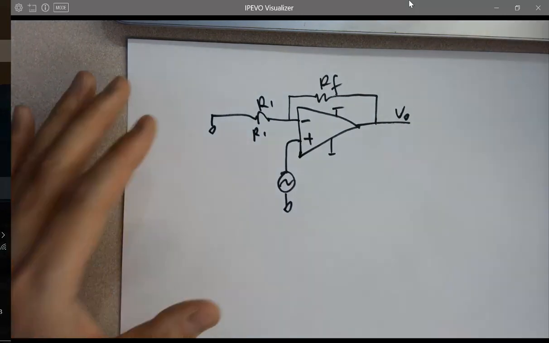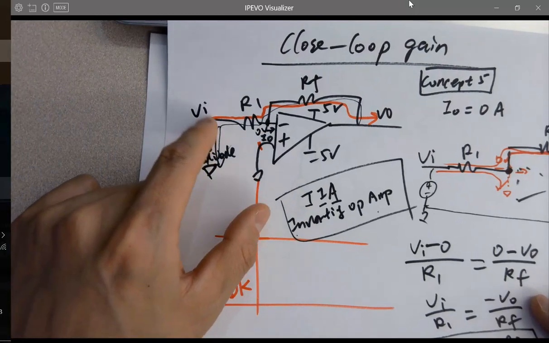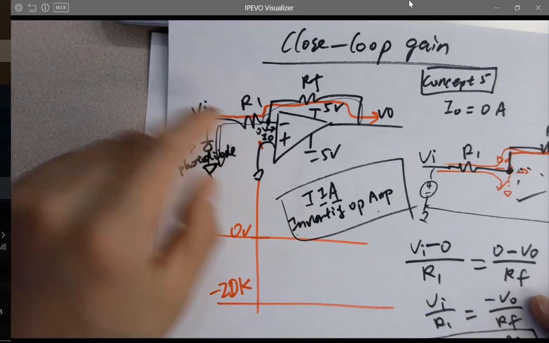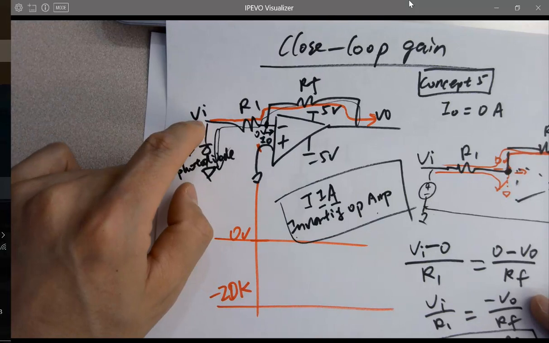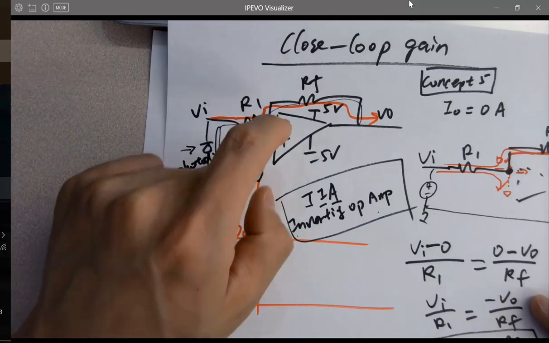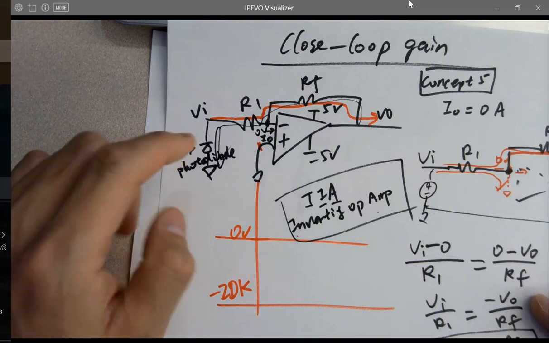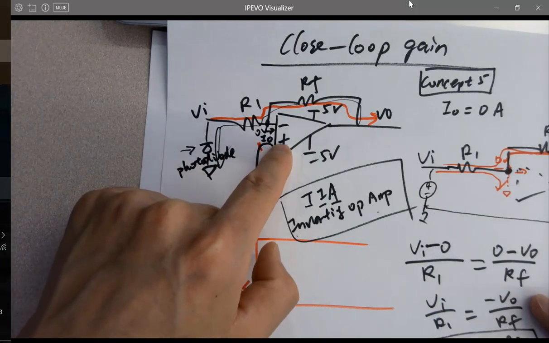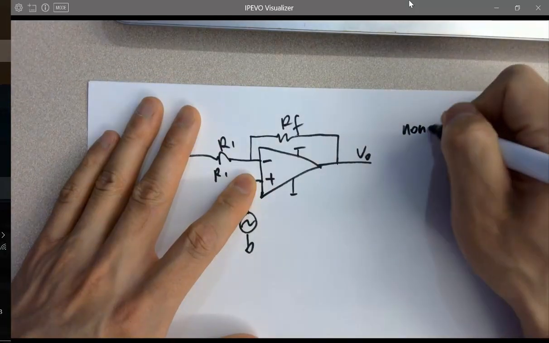For the inverting configuration, the signal comes into the inverting terminal, which has an input connected to it with a resistor. But if you feed the signal to the non-inverting terminal, which is the plus terminal, it's called a non-inverting topology or configuration.